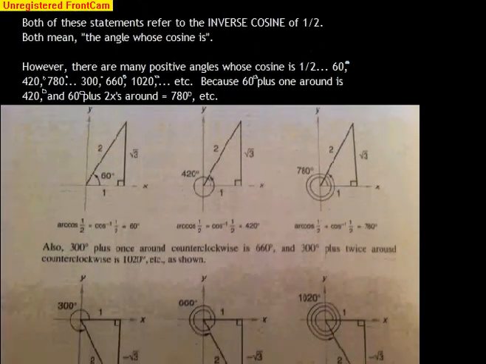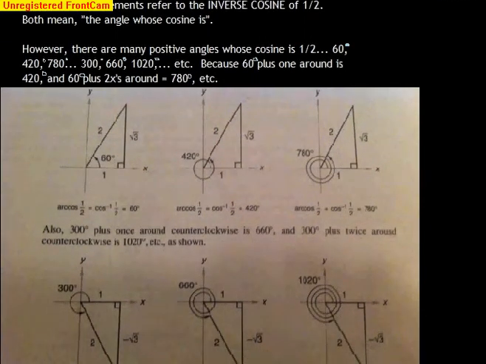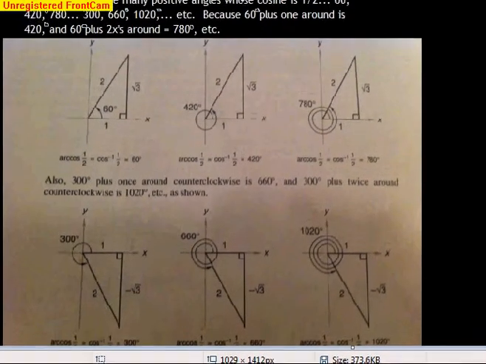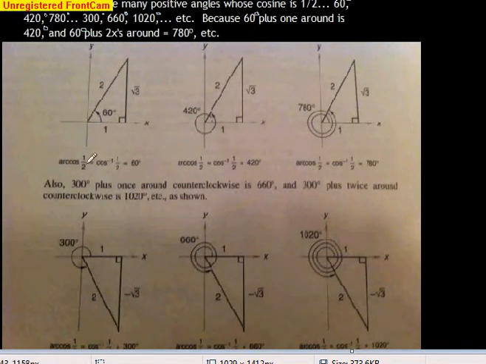There are many positive angles whose cosine is 1/2. So if I said find the angle whose cosine is 1/2, right away you think 60. But here's the problem, and I just took a picture of this out of our book. If we took the inverse cosine, we would get 60 for this angle.